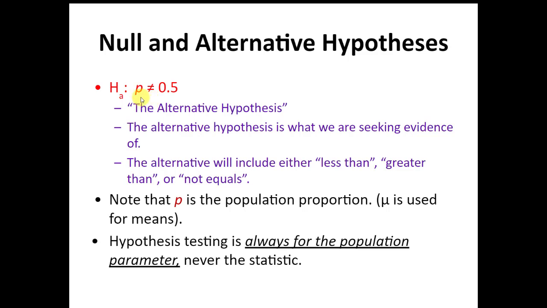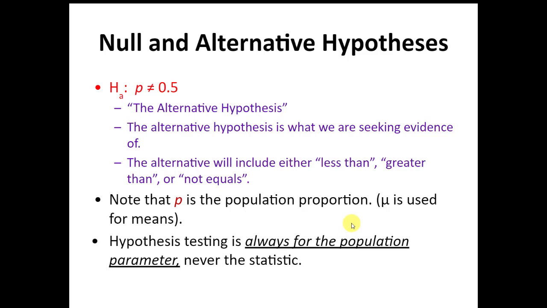Notice again that this is a P because we are talking about the population proportion. If we were discussing population mean, we would actually use the mu. Once again, I stress this because it's so incredibly important. When writing your hypotheses, they're always stated in terms of the population parameter. It is never stated in terms of the sample statistic.